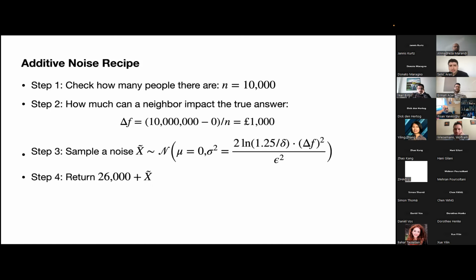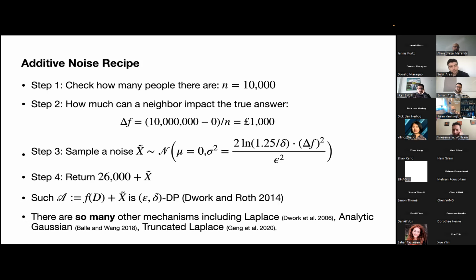Then what I do is that I sample noise, x tilde, whose distribution is Gaussian, with zero mean, which means that in expectation, I still share the same true answer, 26,000. But the variance is a function of delta, epsilon, and delta f, which is the sensitivity. Again, the sensitivity is how much can theoretically the answer change if we change one person in this data set. And then I return the noisy version. So to 26,000, I add my noise.